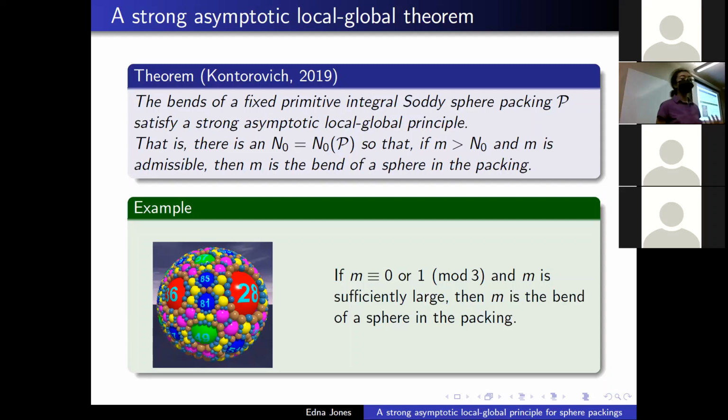This means that there exists an n naught such that if m is greater than n naught and m is admissible, then m is the bend of a sphere. In this particular example, if m is congruent to 0 or 1 mod 3 and m is sufficiently large, then m is a bend of a sphere in this packing.